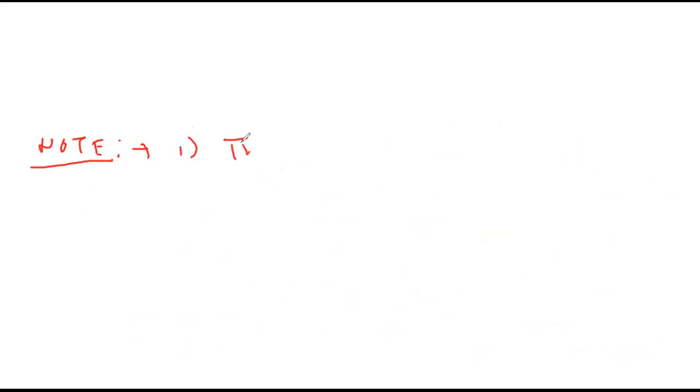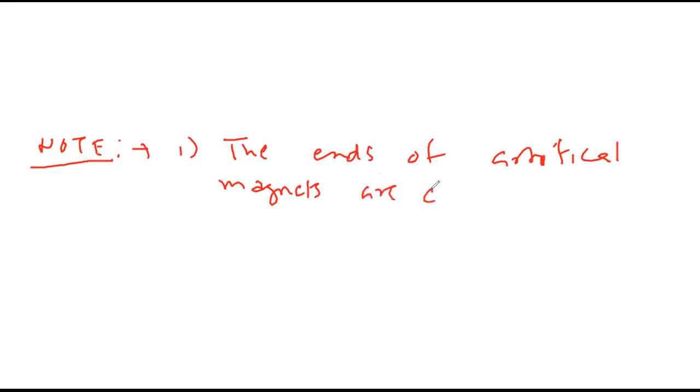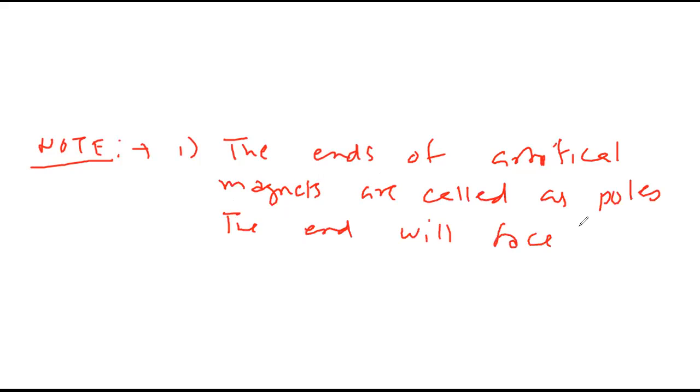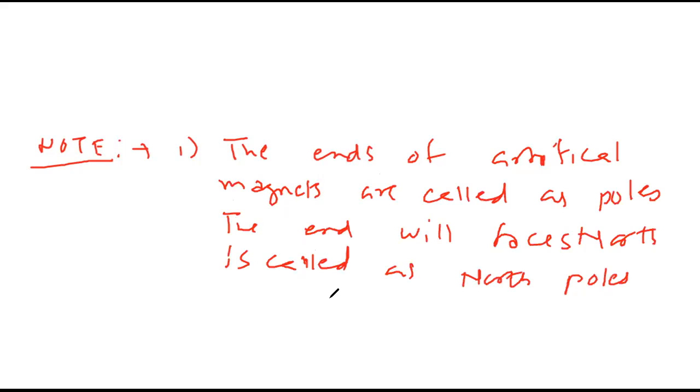The ends of artificial magnets are called poles.